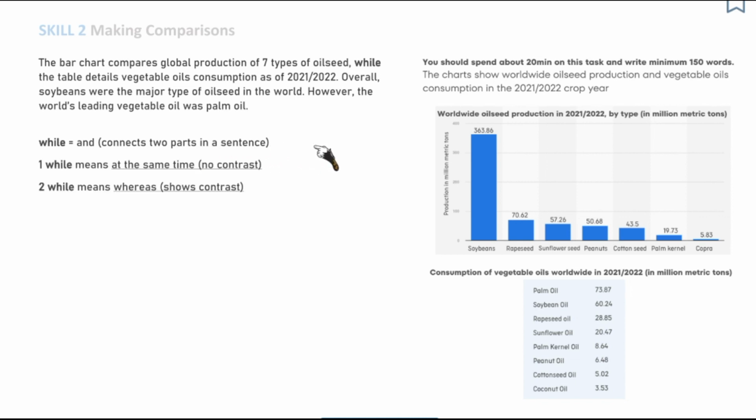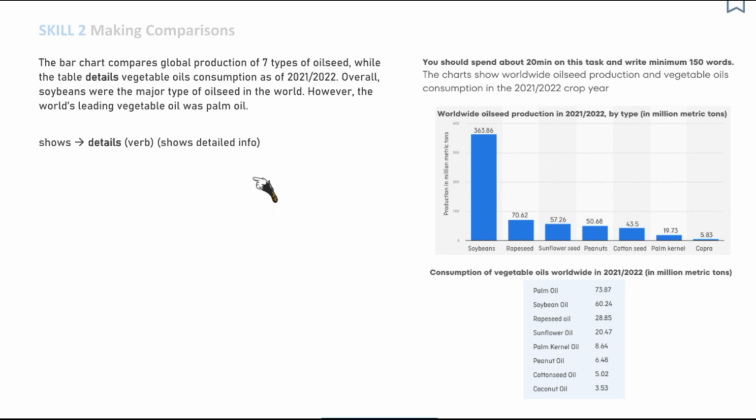In fact, the word while has 2 meanings. The first meaning is at the same time, so it doesn't show contrast in this case, and this is exactly the meaning of while here in this example. And the second meaning of while is whereas or although, and in this case, while shows contrast.